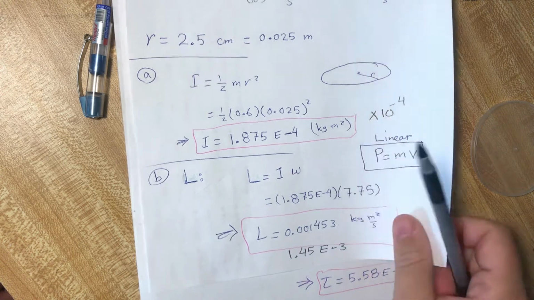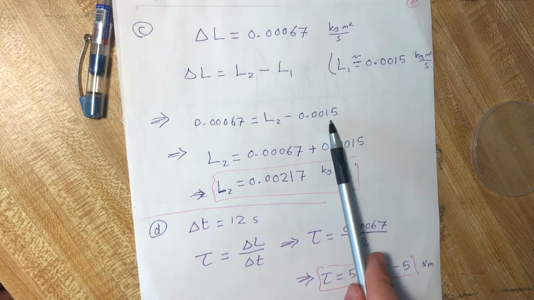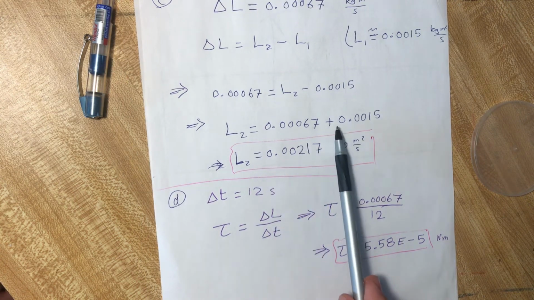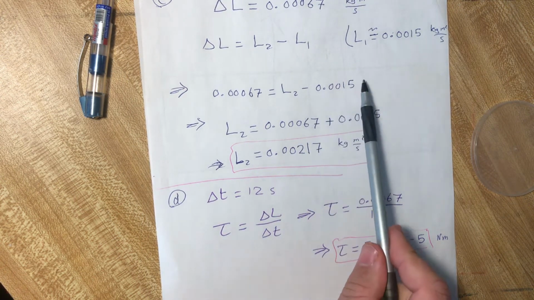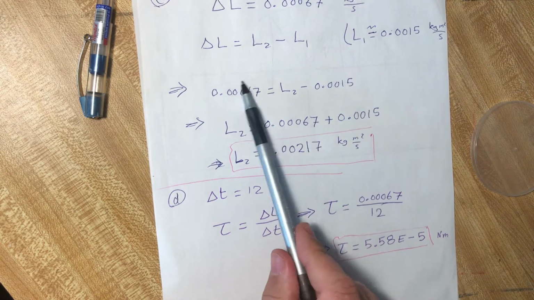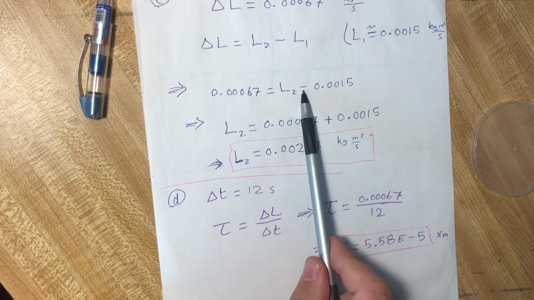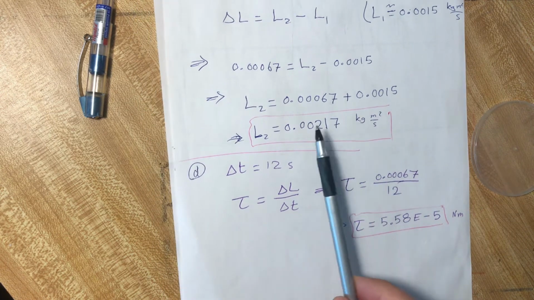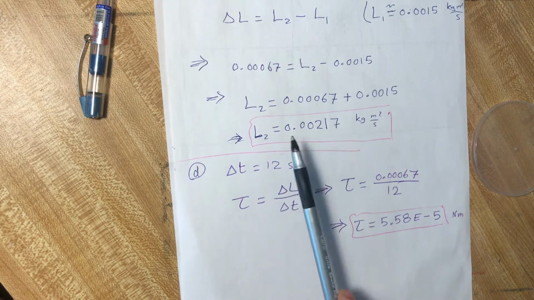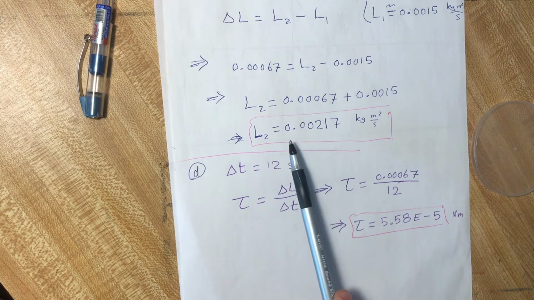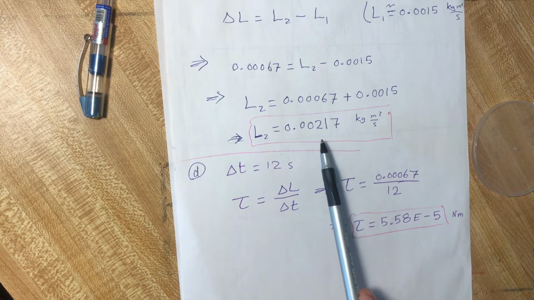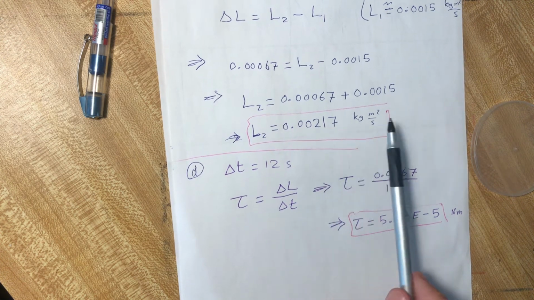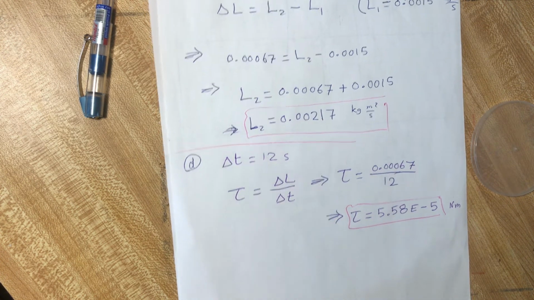I approximate it to 1.5 just. And in this case, we need to move this term to the other side, add them together because this negative sign will be positive. The total angular momentum after this process will be L final, which is equal to 0.00217 kilogram meter squared per second.